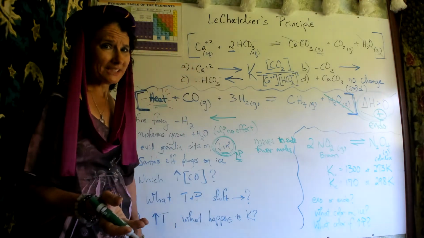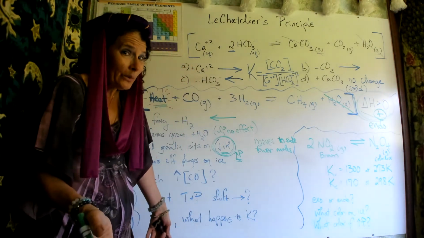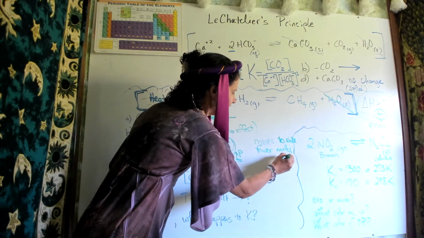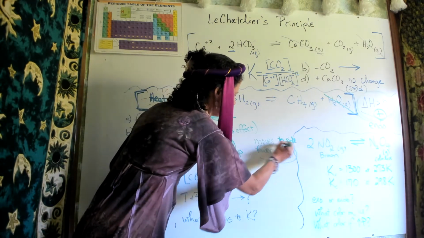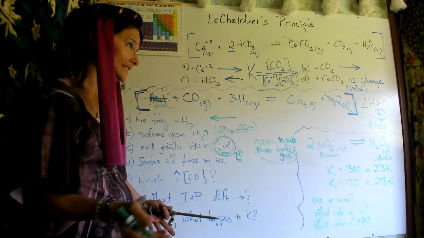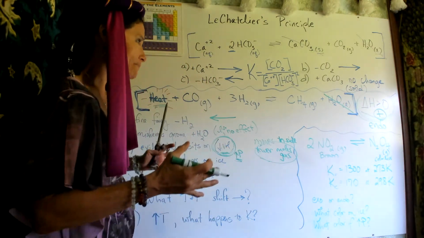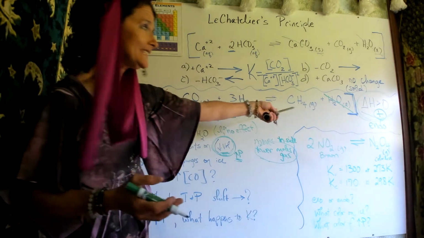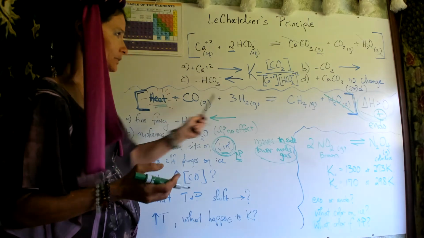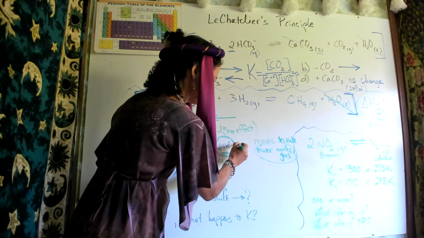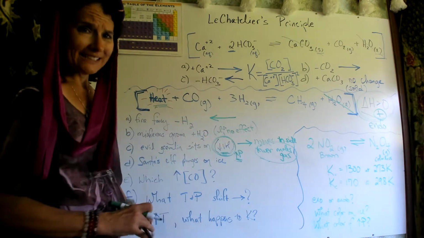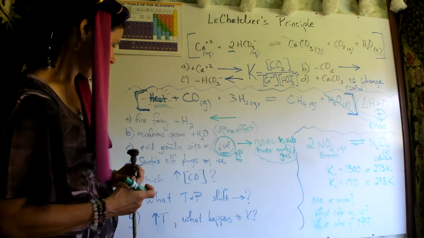What takes up space? What has pressure? Gas. So fewer moles of gas. That's when you increase the pressure. If we did the opposite, it would be the opposite answer. So we're pushing it together. It's going to move to this side because there was only one gas. Here we actually have 4 moles of gas because we have 1 plus 3, which you can count on your fingers. So this is going to shift it forward because there are not as many moles of gas on that side.